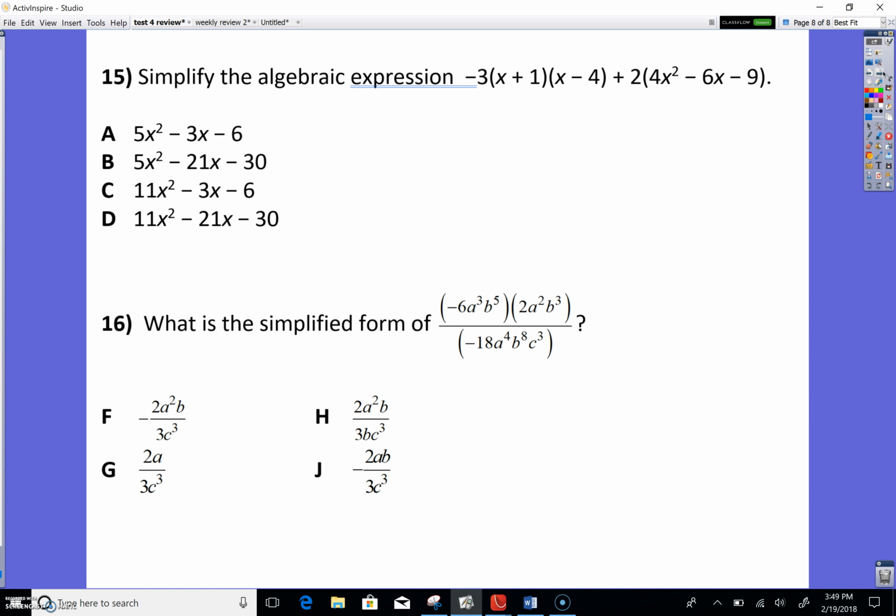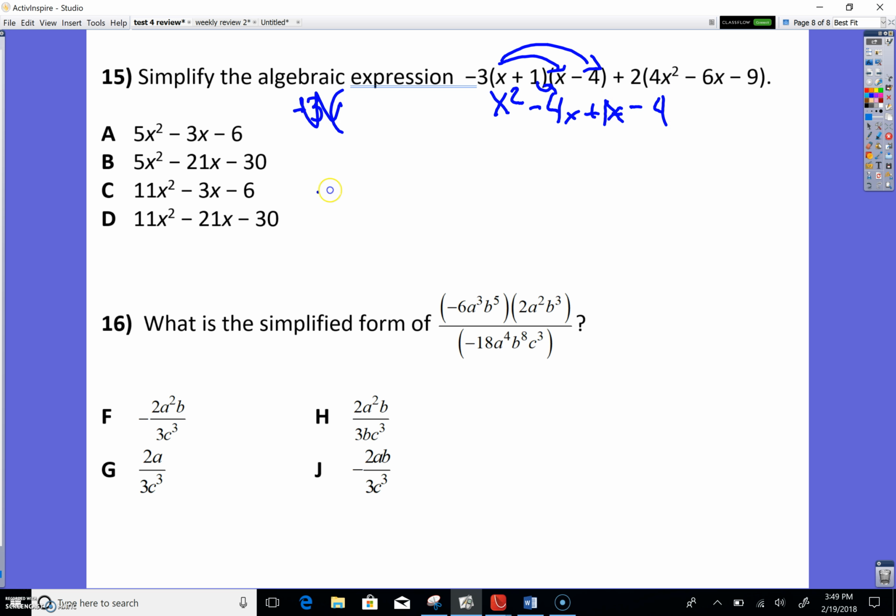Alright, last couple. Okay, so I have negative 3. Then I'm going to FOIL this. x squared minus 4x plus x, 1x minus 4.